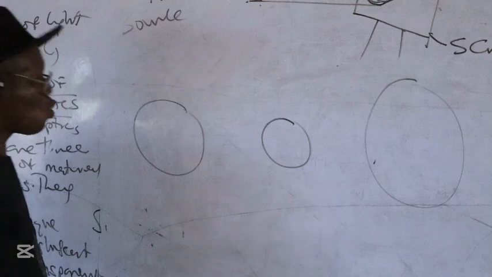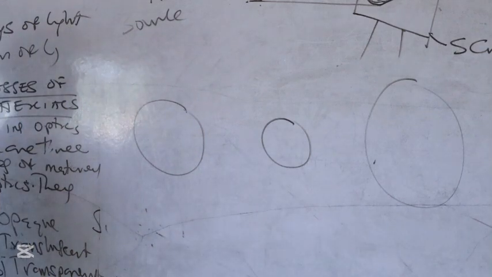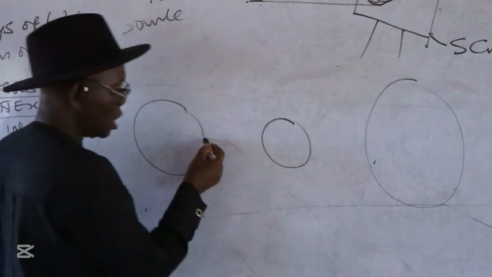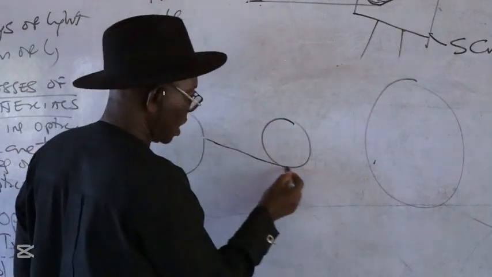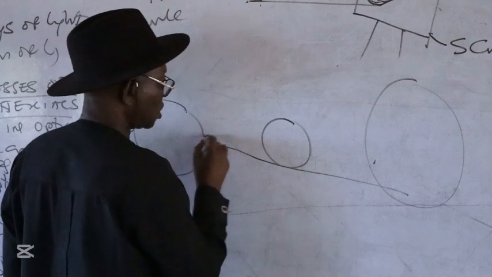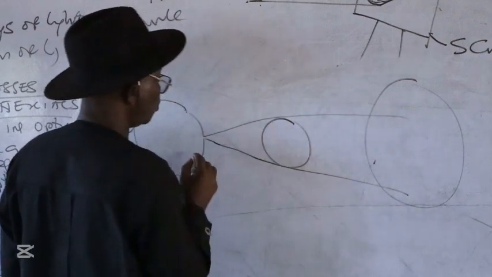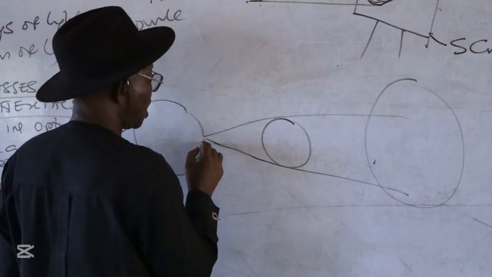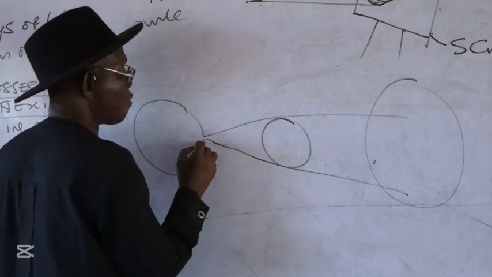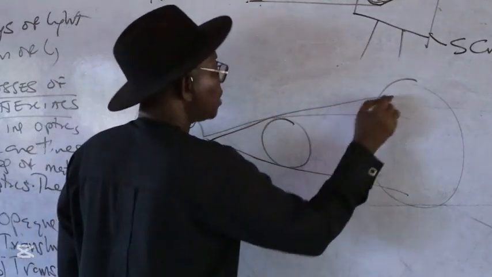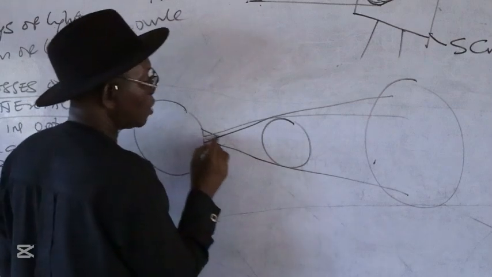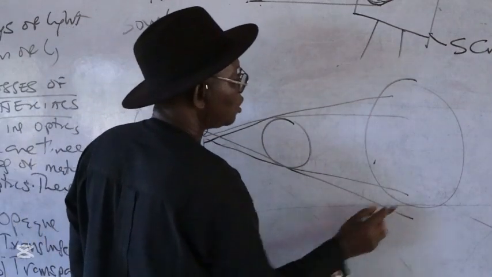They are all collinear. With the aid of your ruler, you can trace rays of light like this, just like shadow, and you draw another one that will pass above it, like that, and you have another one with the aid of the ruler.